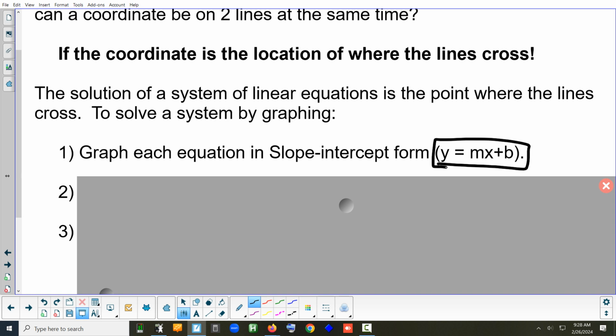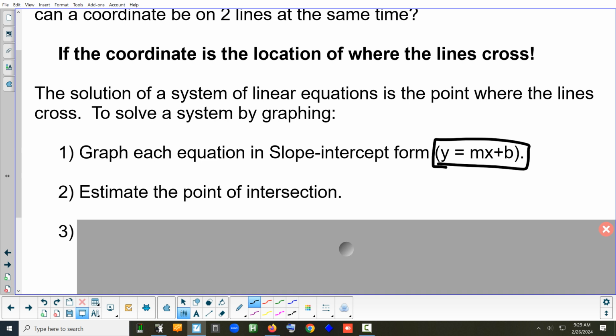You need to get the y by itself. That's what we practiced in the second problem in the lab. Just a reminder, which letter there is your slope? M. And which letter is the y-intercept? B. Yep.